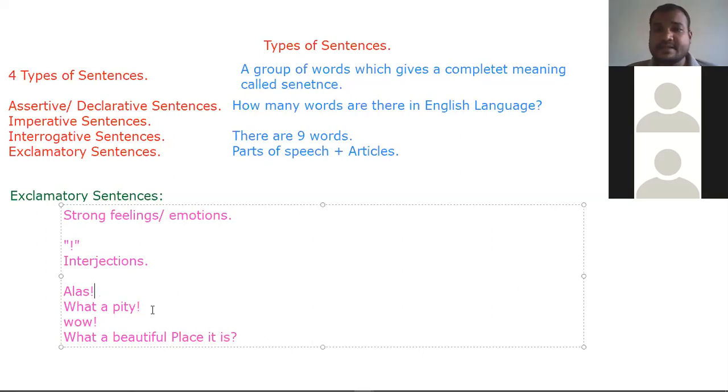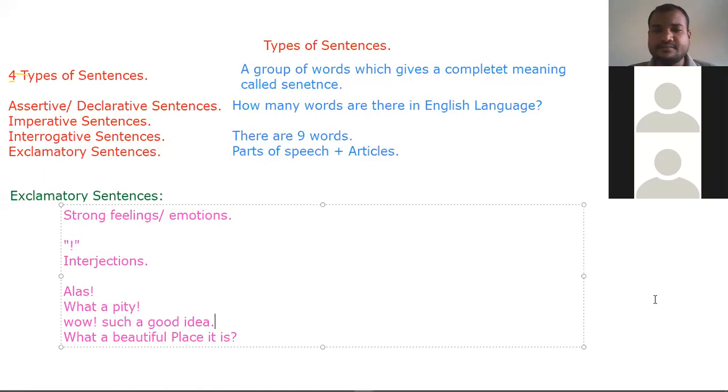What a pity is an exclamatory sentence. Wow is an interjection. Wow, such a good idea. Wherever you can identify the exclamation mark in a sentence, these are known as exclamatory sentences. Exclamatory sentences always deal with interjections, or in general, they always denote strong feelings or emotions.